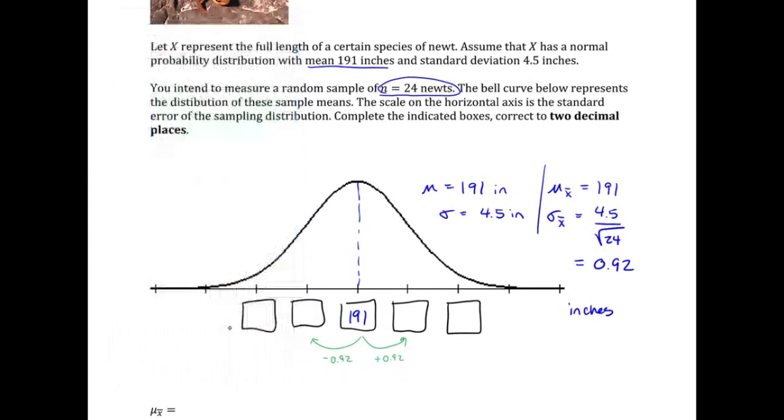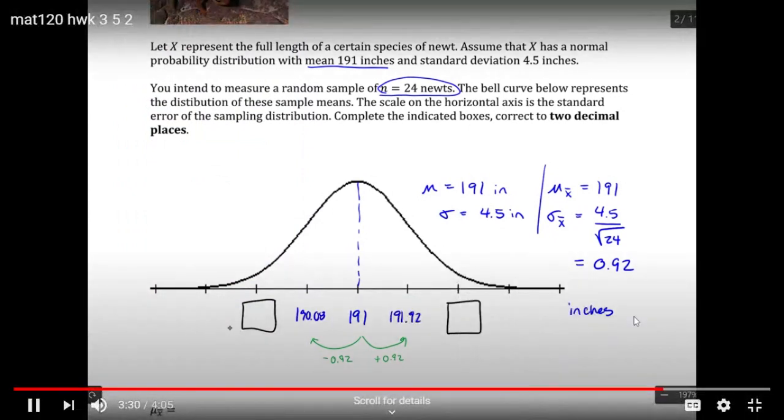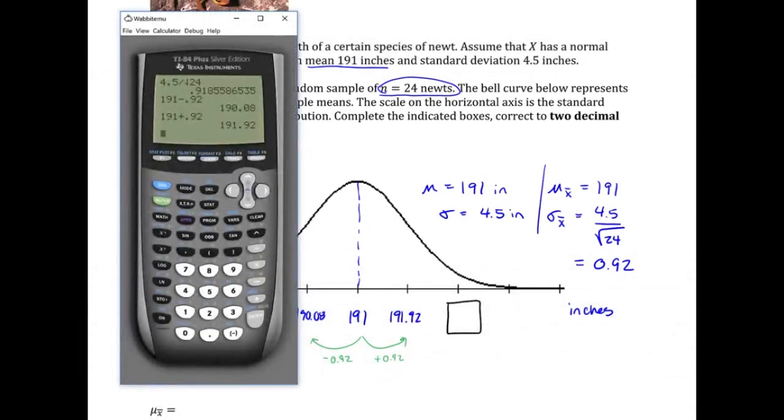190.08, and I'm going to get rid of my box so I have a little bit more room to write. 190.08, that one's that way, and 191.92 this way. If we continue another standard deviation, we just simply add 0.92 to that value to go another standard deviation, so 192.84.